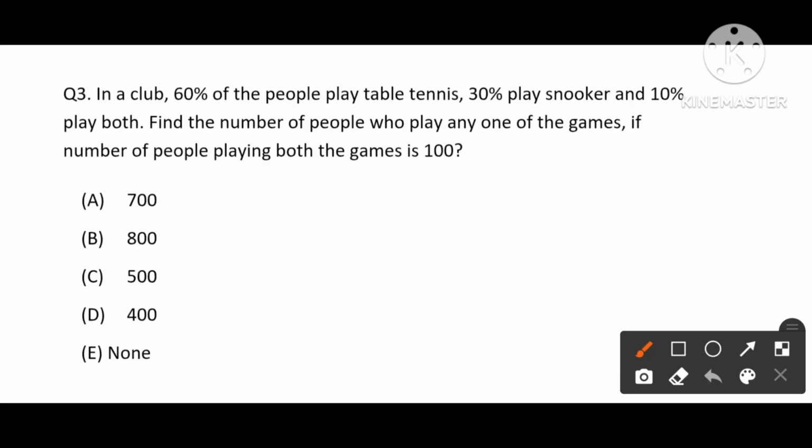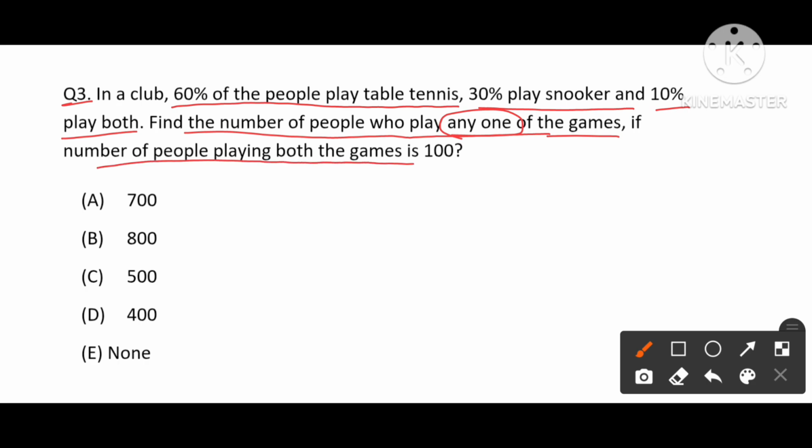Now we are going to see question number 3. In a club, 60% of people play table tennis, 30% play snookers, and 10% play both. Find the number of people who play any one of the game if the number of people playing both the games is 100. So let's take Venn diagrams.